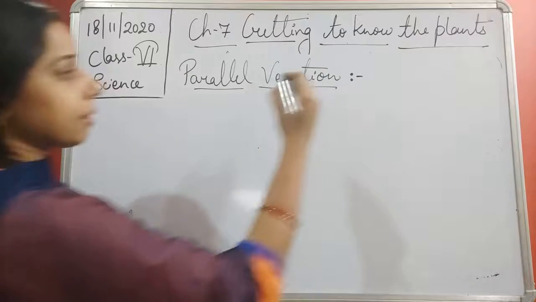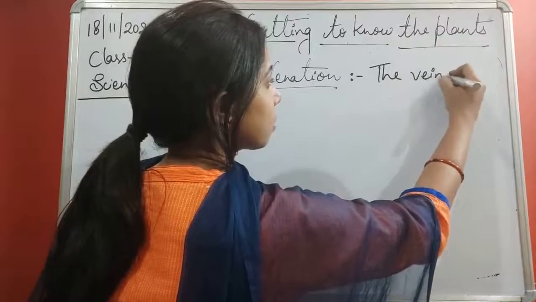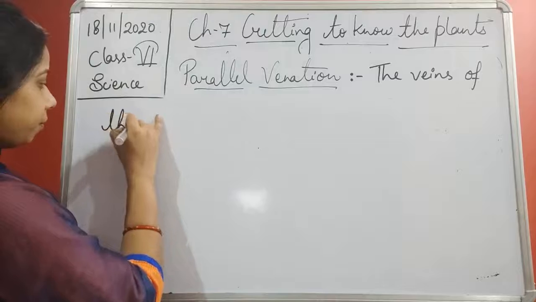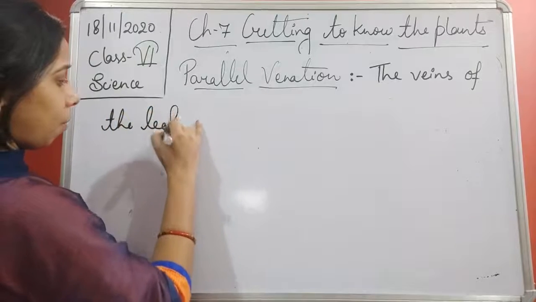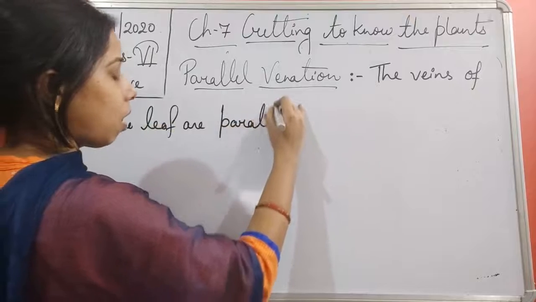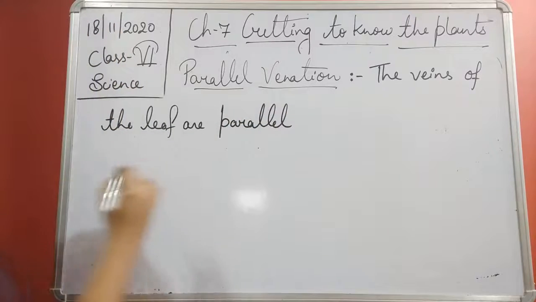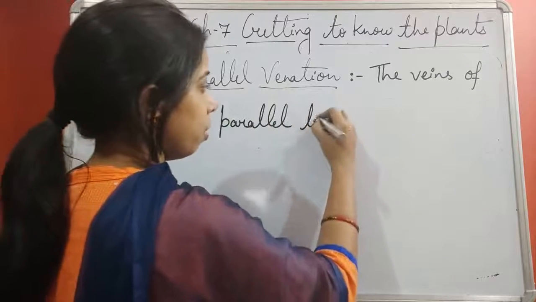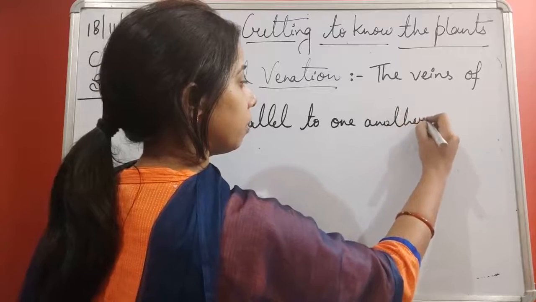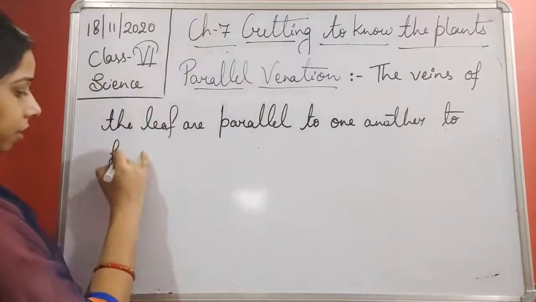Okay, so we can write that here the veins of the leaf are parallel to one another, to both sides of the leaf.